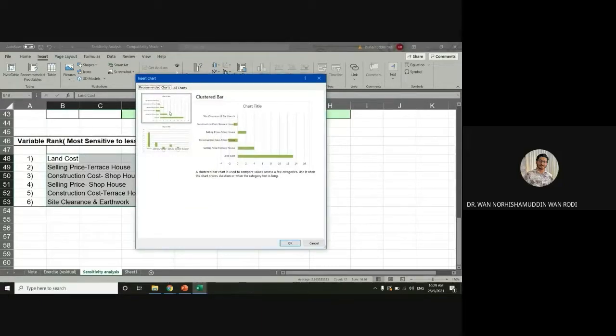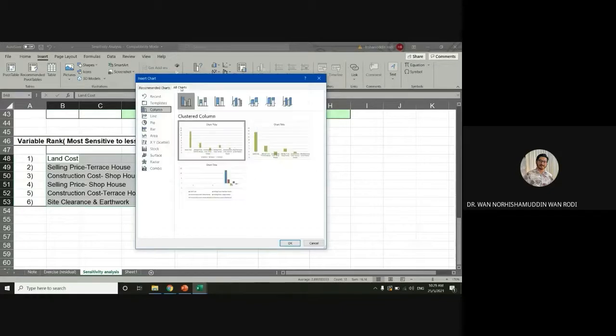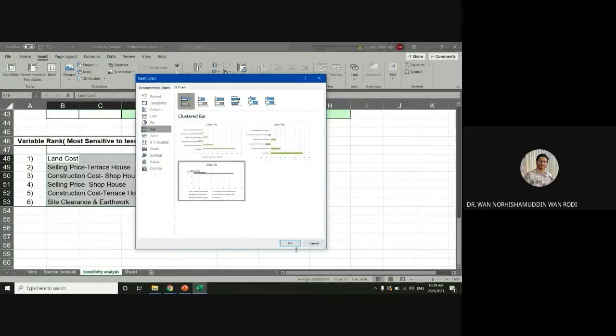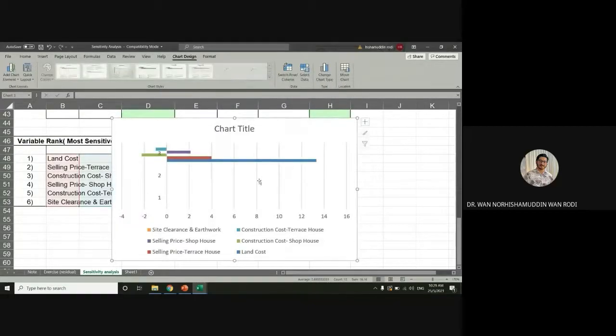You can choose all charts. Normally for sensitivity analysis, we use the bar chart. Okay, this one.